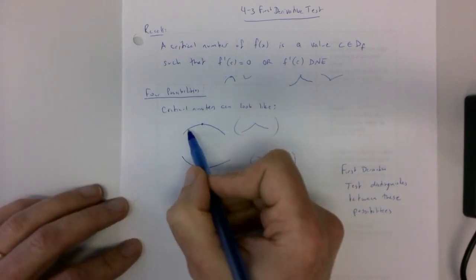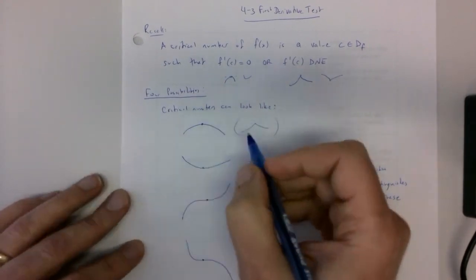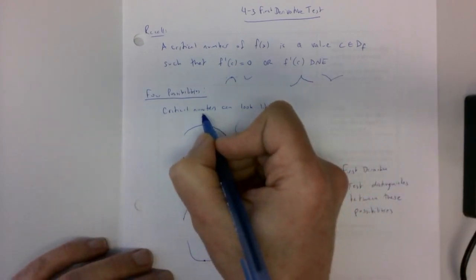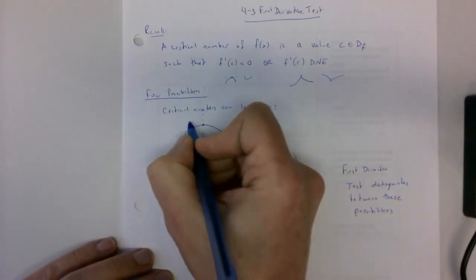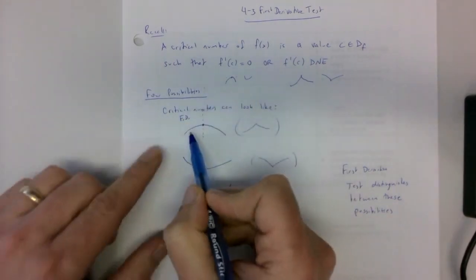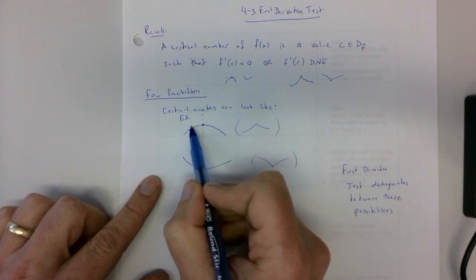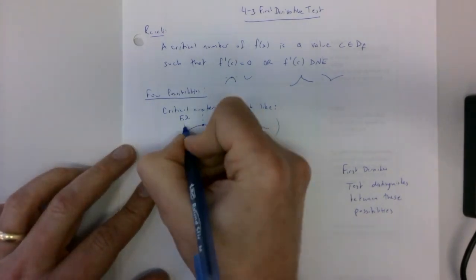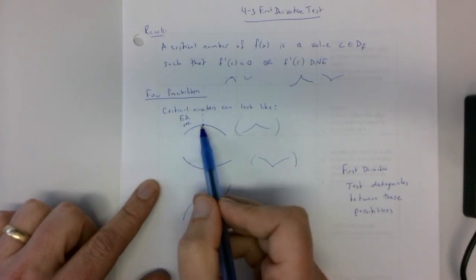So what would be true in this case if I were to look at splitting it up right here, let's say, on this side, the first derivative, well, all of these slopes of tangents here, which is what the first derivative measures, these would all be positive. So here the first derivative is positive on the left of this critical point.